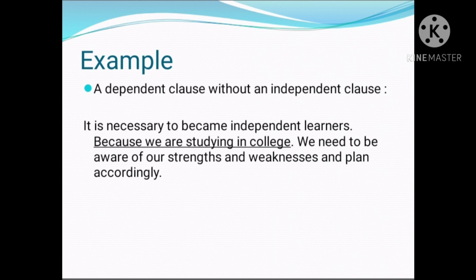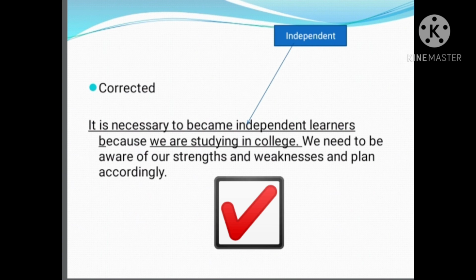Because it is necessary to become independent learners, we are studying in college. We need to be aware of our triggers of weakness and plan accordingly. Corrected: it is necessary to become independent learners because we are studying in college.